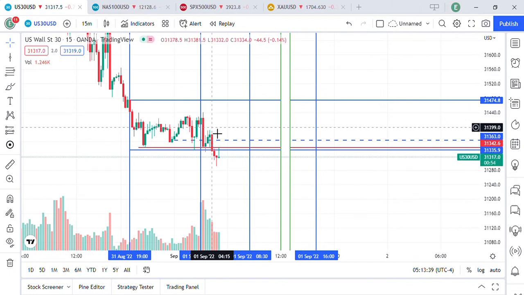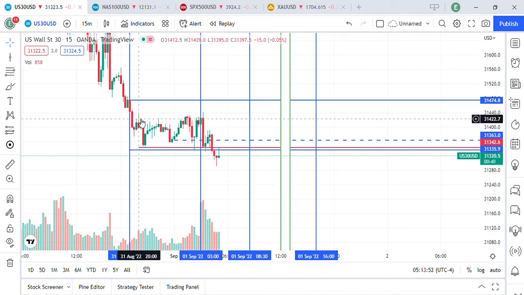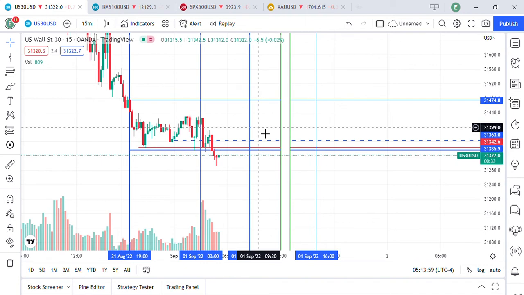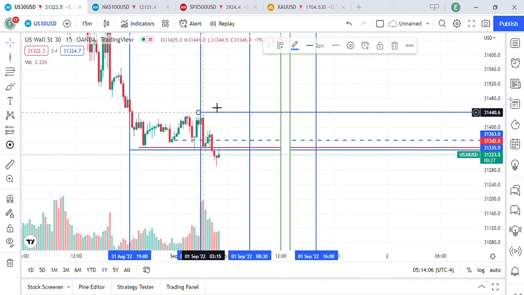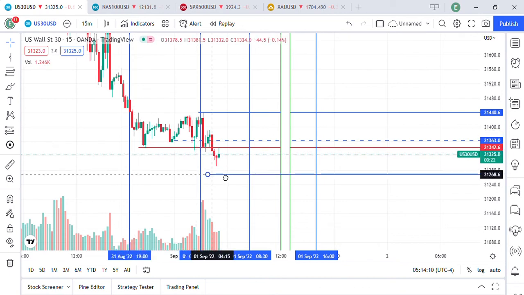If I'm going to trade London, which I don't trade, but if you were to trade London and you're me, you would mark out Asia. And if you were to trade New York, you would take this here and put it right here on the London high, and this on the London low.